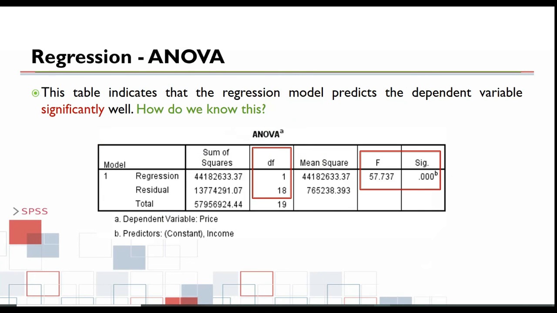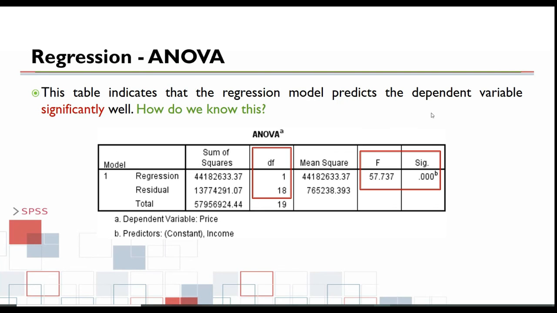The next table indicates that the regression model predicts the dependent variable significantly well. How do we know this? Look at the Regression row and go to the Significance column. This indicates the statistical significance of the regression model that was run just now.